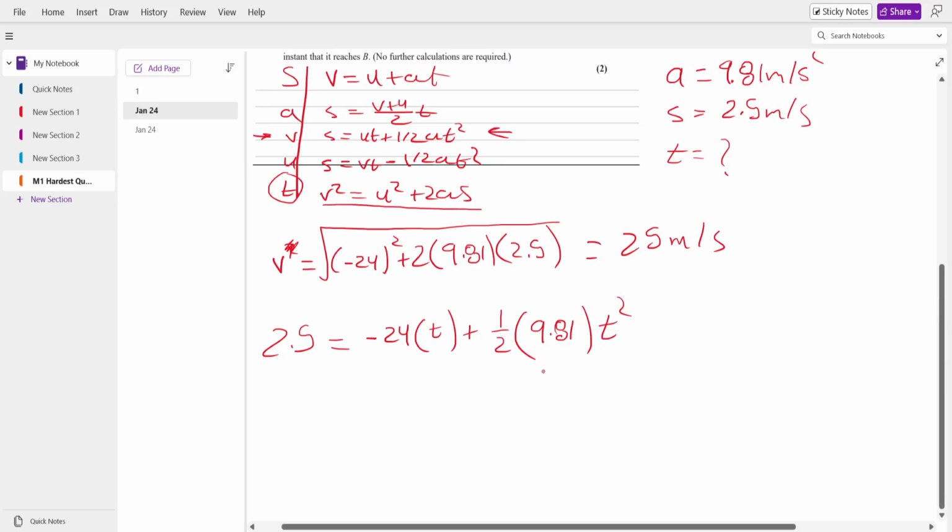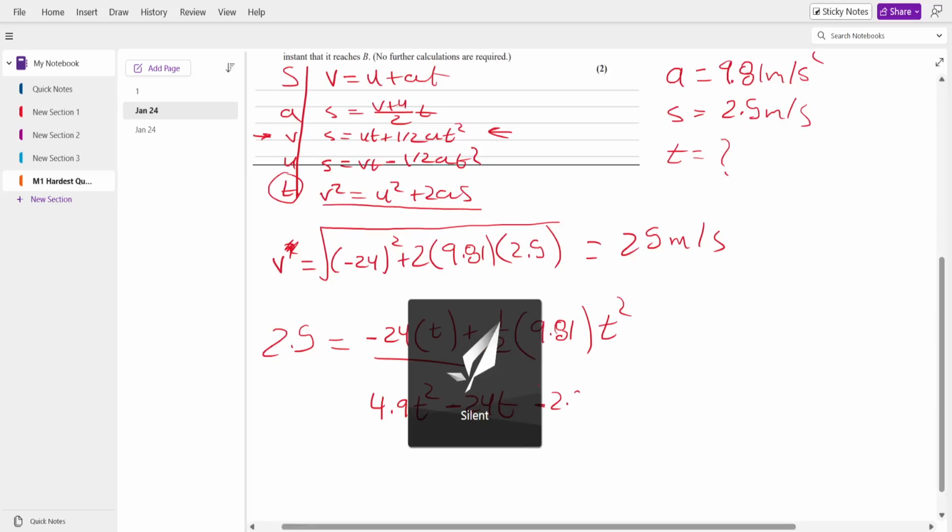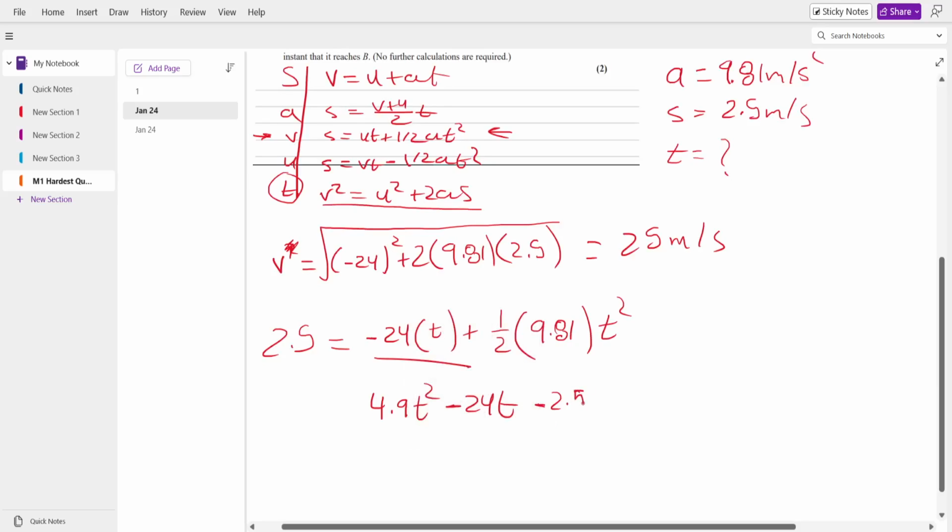I will see that this is going to be a quadratic equation, so 9.81 divided by 2 is basically going to give me 4.9 T squared minus 24 T, and then I will move this 2.5 to the other side. It's going to be minus 2.5, and this is going to equal 0.